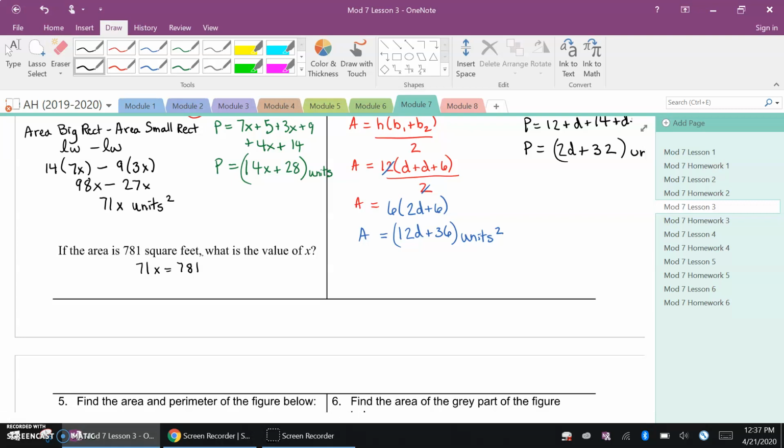So if we multiply by the reciprocal on both sides, we are going to get 11. So that means that the value of x is going to be 11 units.